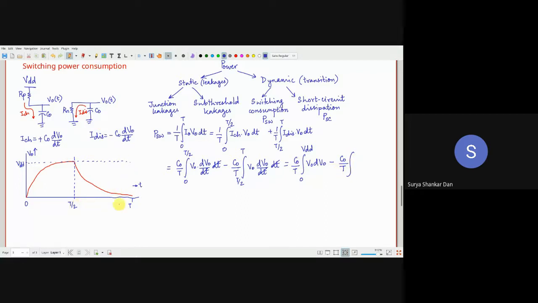From T by 2 to capital T, for the second half cycle, it is going from VDD to 0. Perfect.